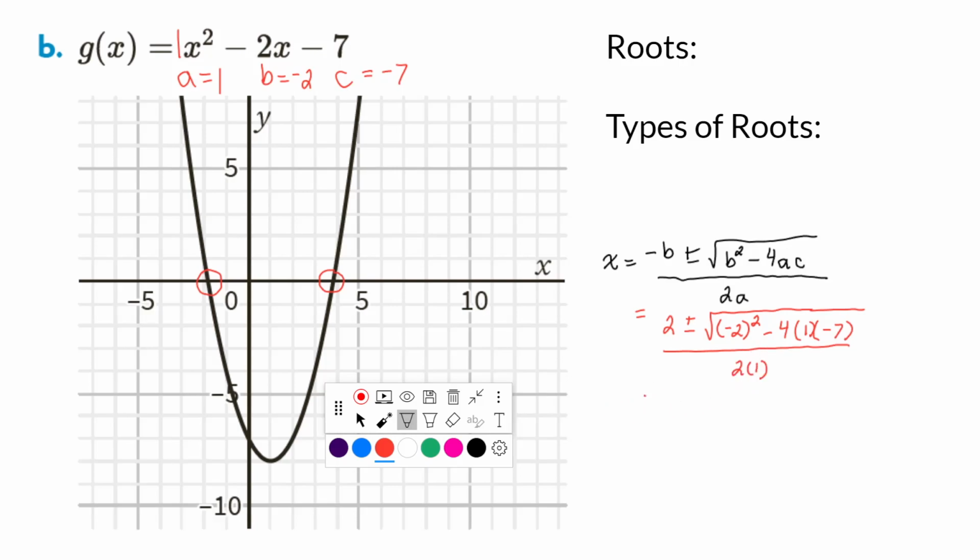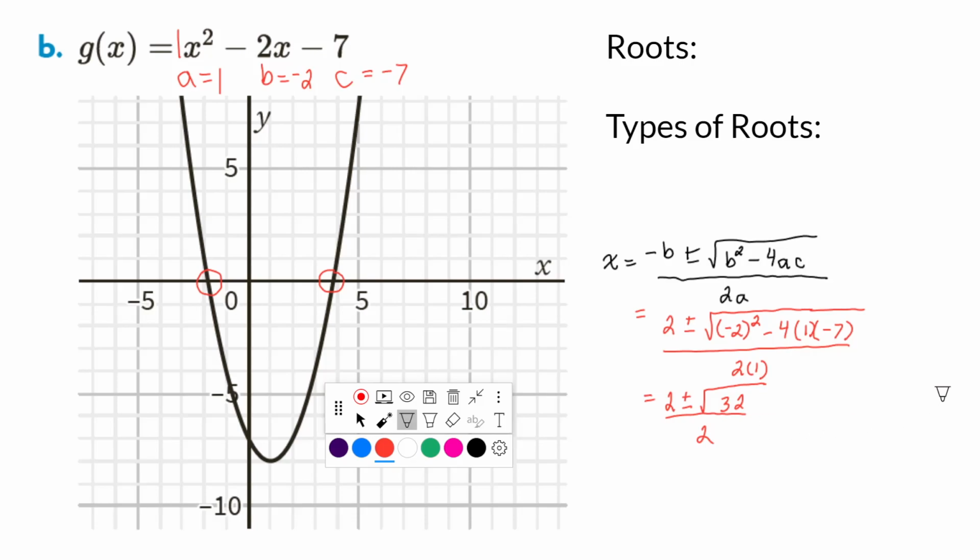Now I can take that expression underneath the radical sign, the radicand, and enter it in my calculator all at once, and have it give me the value of 32, all over 2.